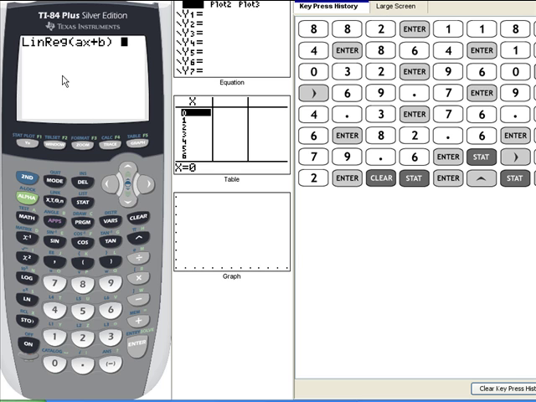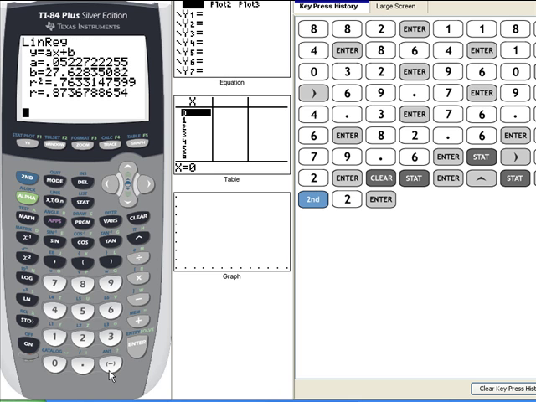So I want L1, comma, L2. And you'll notice that I'm using exactly the same key path that I used last time. So actually the data was given to us last time, we just didn't realize it. So you'll see the a, that's going to be our slope, and b is 27.628, etc.